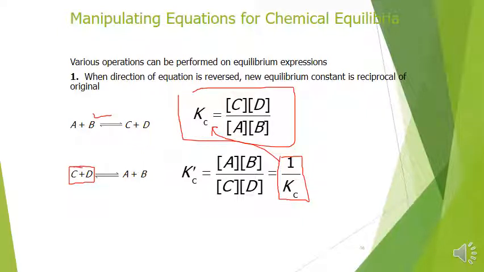And that makes sense. If your K is 10 to the 8th here, going the other way would be 10 to the minus 8th.